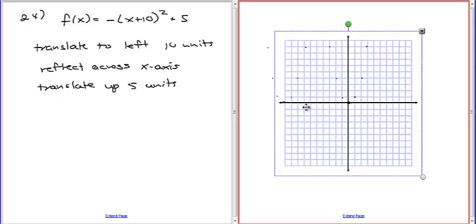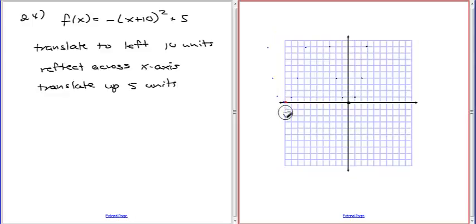Then you would reflect across the x-axis. So this point would be the same because it's on the x-axis. This one would go over 1, down 1, over 2, down 4, over 3, down 9. So that's that part. And then we move up 5.